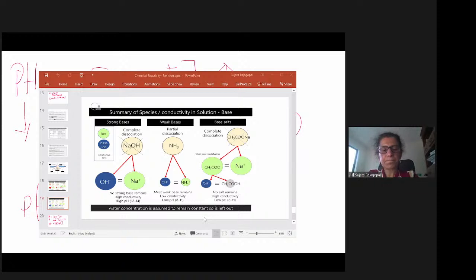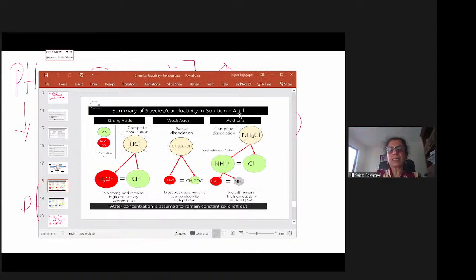Cool. And there's one more question. Can we quickly go over conductivity and ionic salts? Ionic salts, okay. Conductivity in acids. So this is an acid salt. So an ionic salt is here. This is an ionic salt. See that?